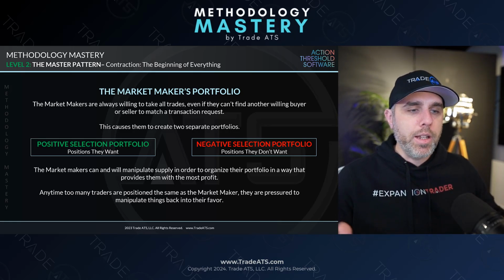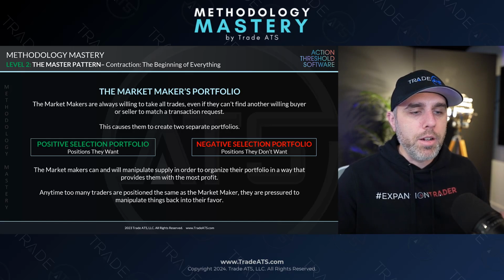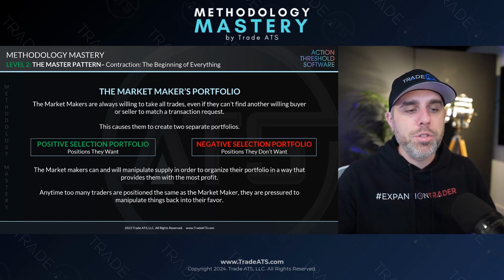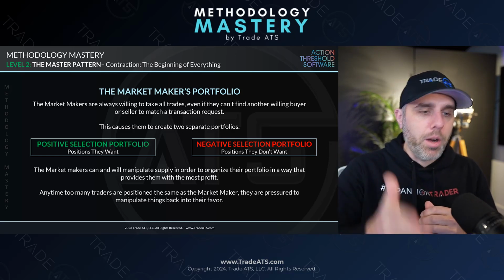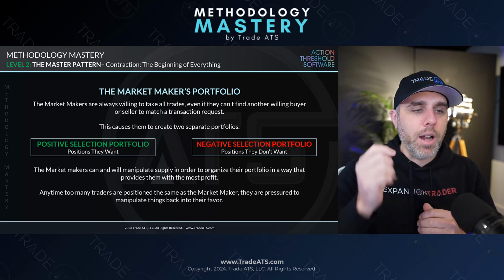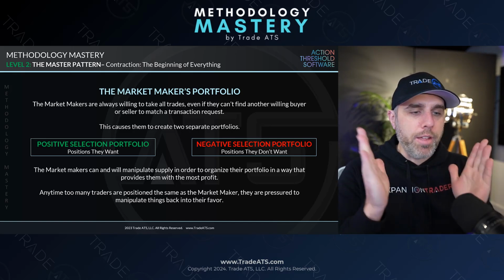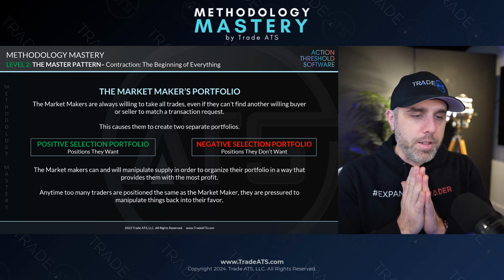The selling is going to come from the market maker doing their duty as they're supposed to, being a market maker. Their job is to make a market. And that means that I come to you with a request and they fill it. That's it.